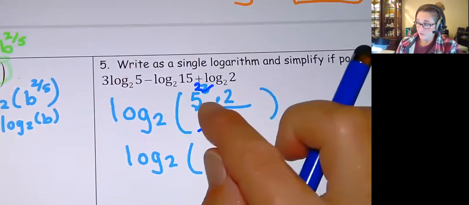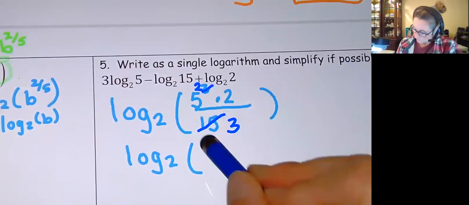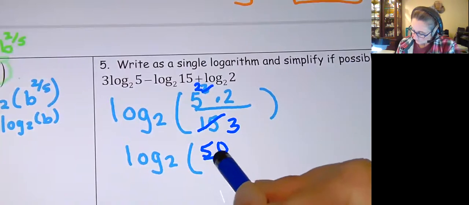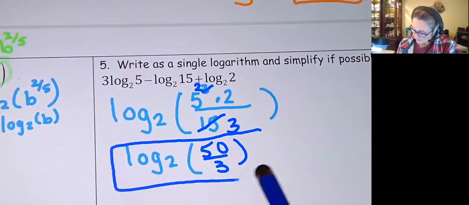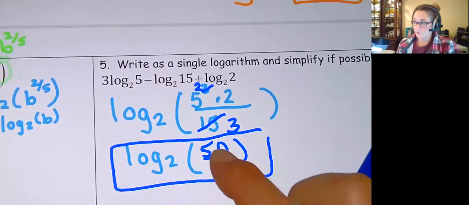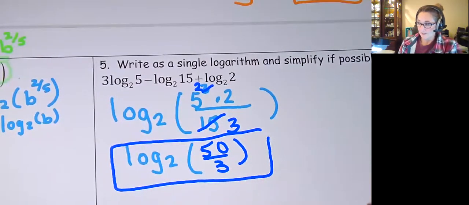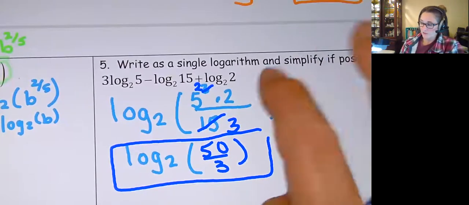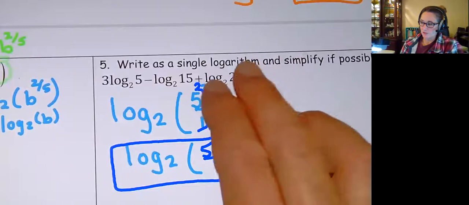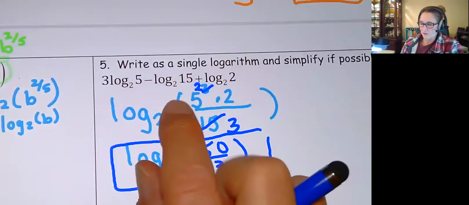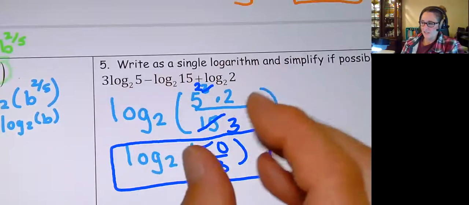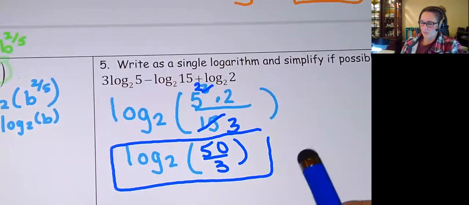And so this is going to be 25 times 2, which is 50 over 3. And that's going to be my answer. Log base 2 of 50 over 3. Can't simplify that any more. So this log base 2 of 2 is a 1. That didn't help me out in this situation. If that led to me getting a single log, that would be fine. But having a +1 on the outside is not going to be helpful.